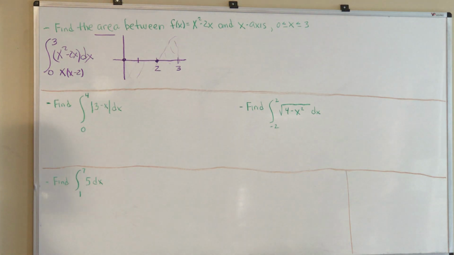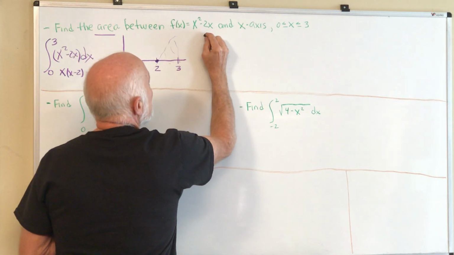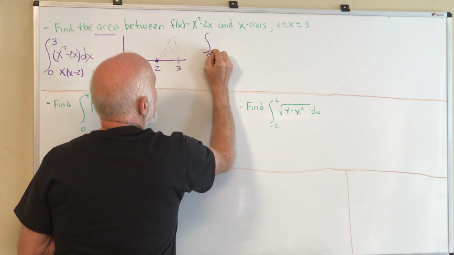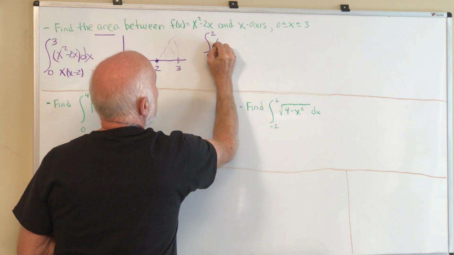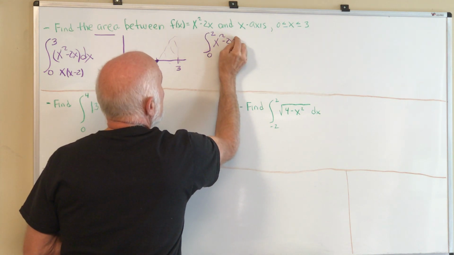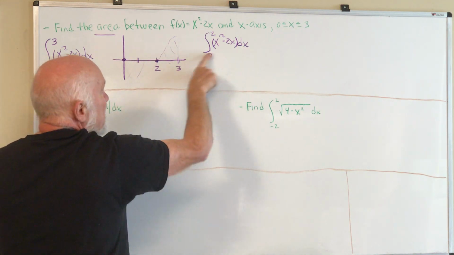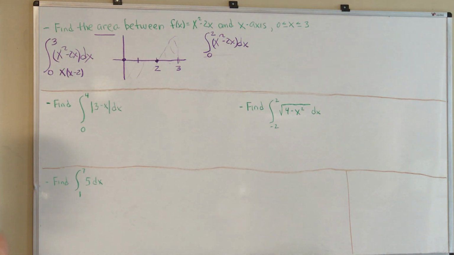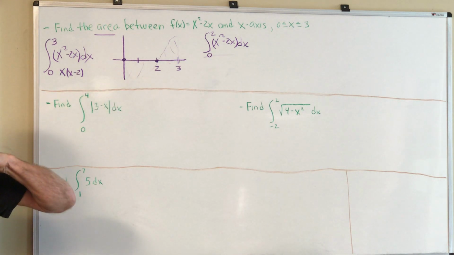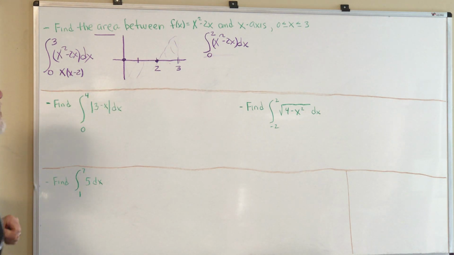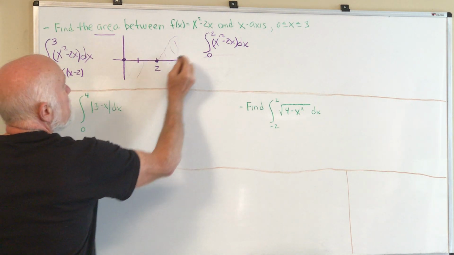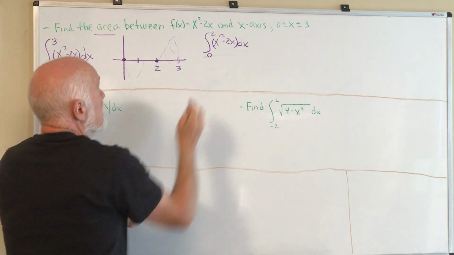So if we really want to find this area in here, we have to split this up into two sections. We're going to take the definite integral from 0 to 2 of f of x dx, but we know that this finds a negative signed area because it's below the x-axis. So what we do is put a minus sign in front of that.